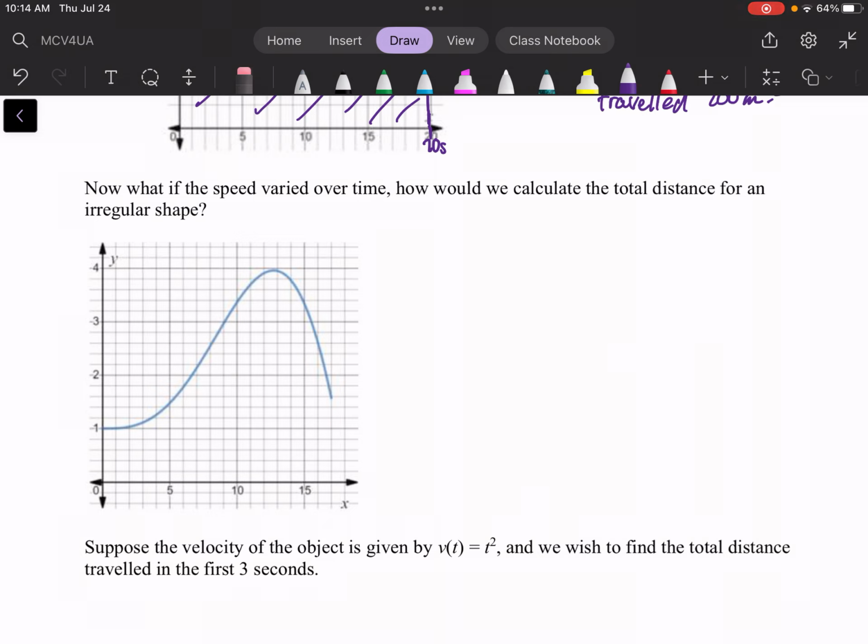Well, the best option that we could probably do is create little rectangles underneath the function. I'm just creating a bunch of rectangles right here underneath this function.